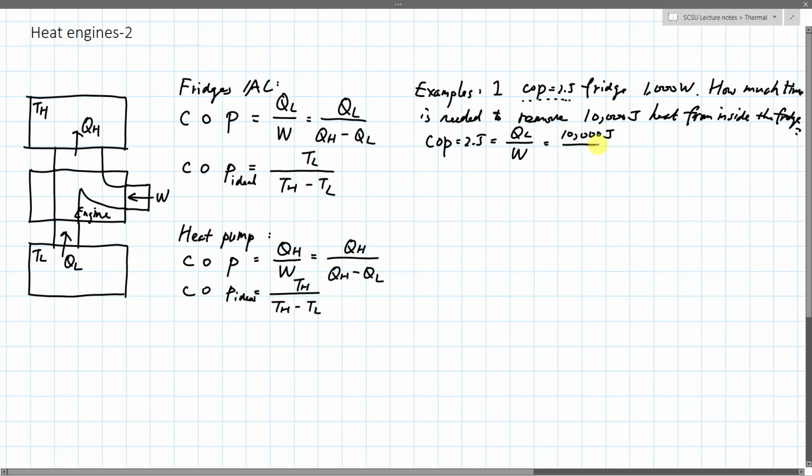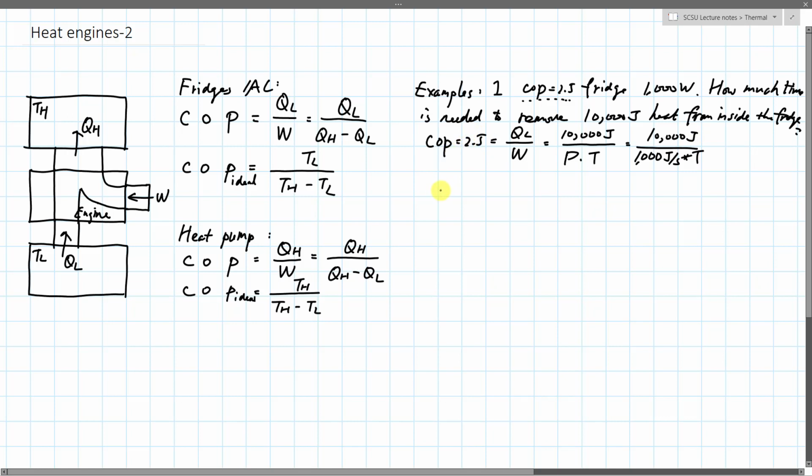So let's put units in. The work done should be power times time. Power is 1,000 watts, and 1,000 watts is 1,000 joules per second, times the time. And 10,000 joules need to be removed, and we have this equal to 2.5.